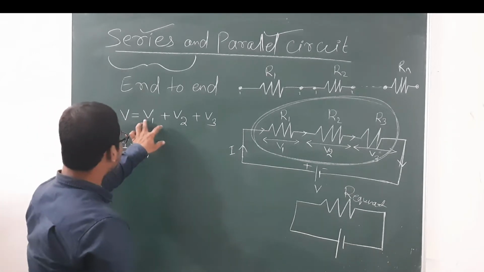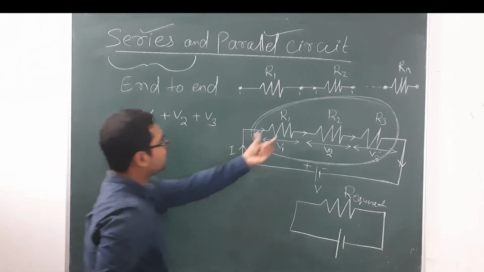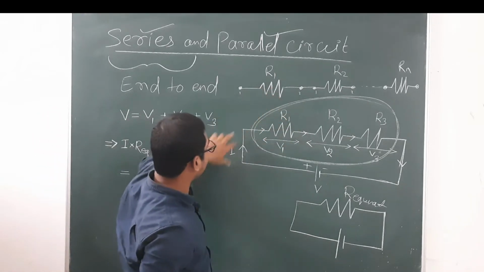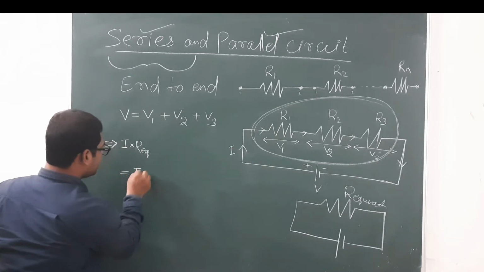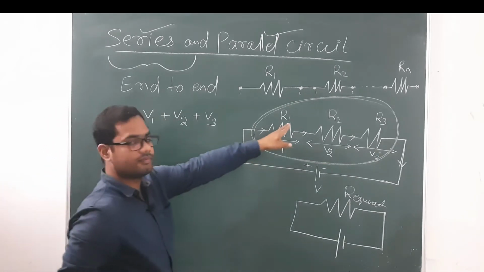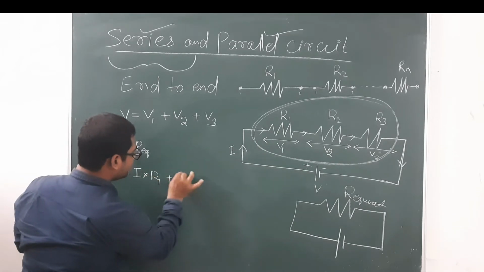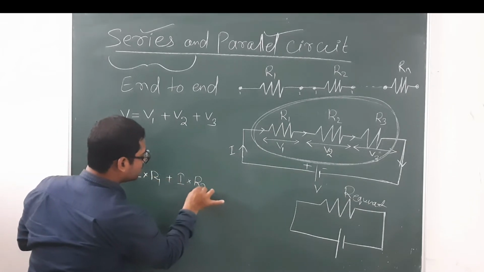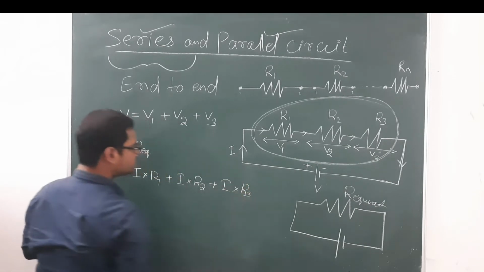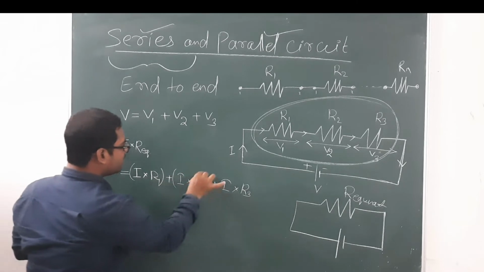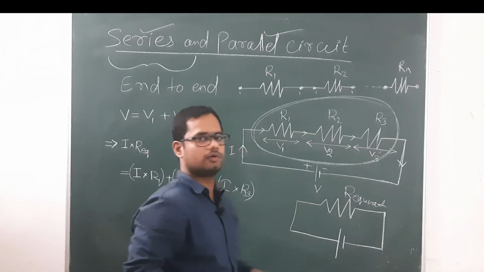Whatever the value of V1, which is equal to V1 across the resistance, the current I here is the same current that will flow. So I into the resistance of the first resistor R1, then I into R2, then I into R3. These are all individual voltage drops in the resistors.